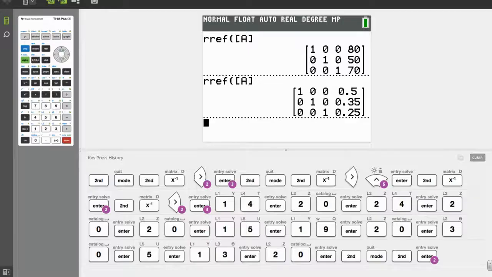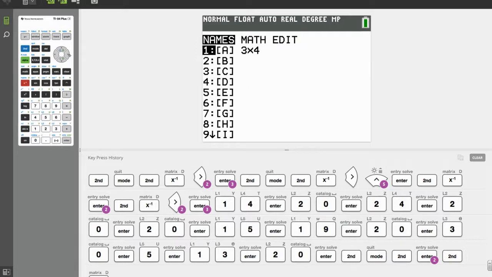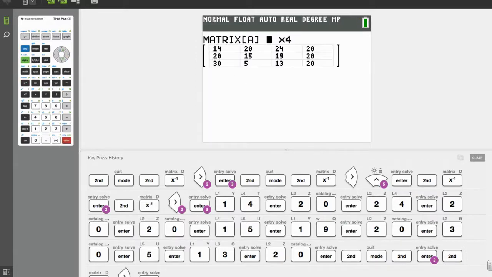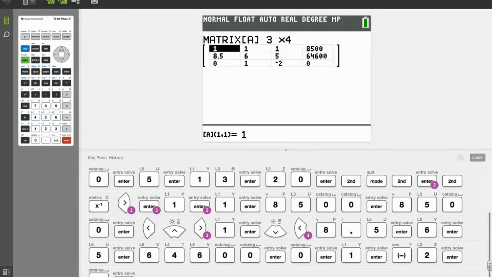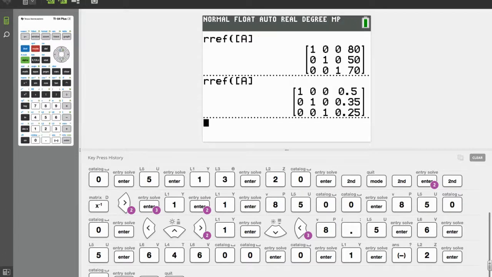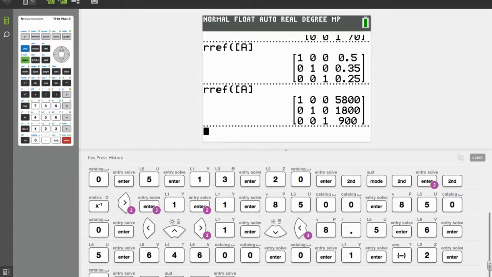Okay, we'll enter that into our calculator. Go to second inverse, over to edit, hit enter, enter in our data. Okay, once we have it entered correctly into our matrix, we're going to quit out. We'll repeat the last command, second enter, hit enter.